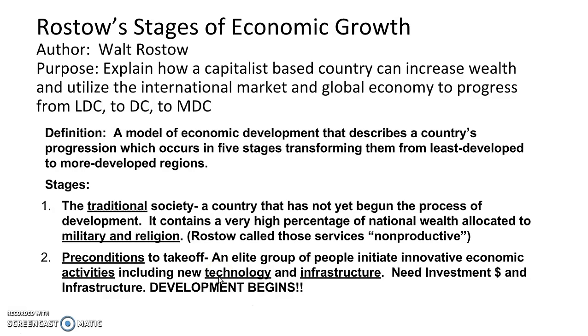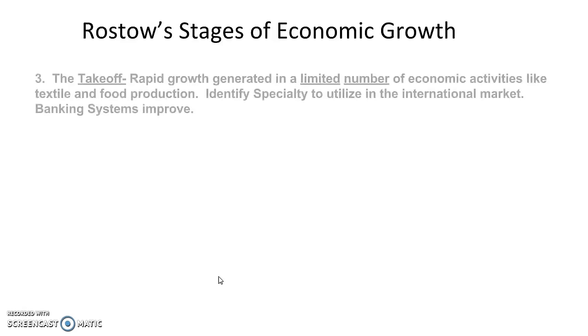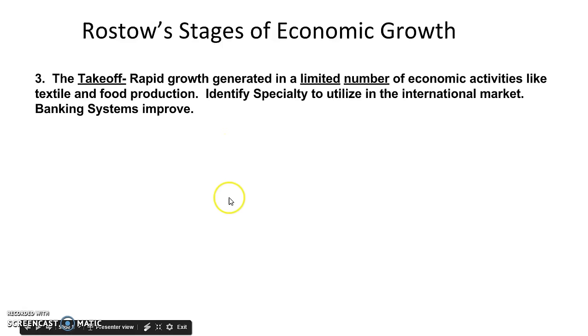Once we have that infrastructure in place, then a country can move on to stage 3, the takeoff. The takeoff, this is when you have rapid growth generated in a limited number of activities like textile and food production. The key element of stage 3, the takeoff, really is the country identifies its specialty, what it's going to specialize in, to utilize in the international market in order to gain profits, gain money.